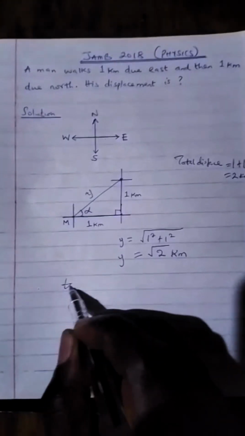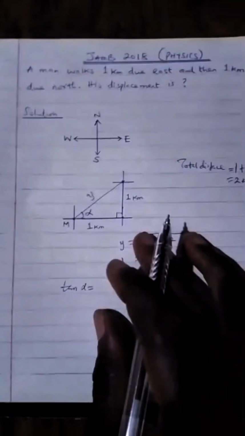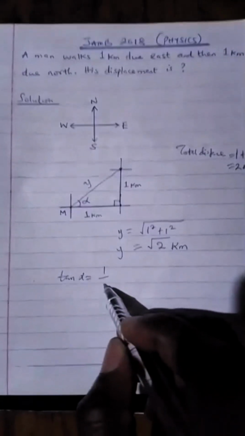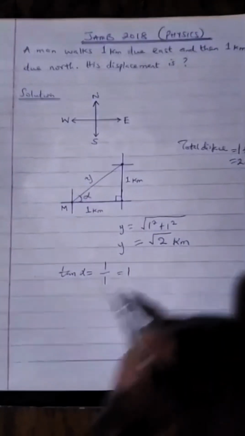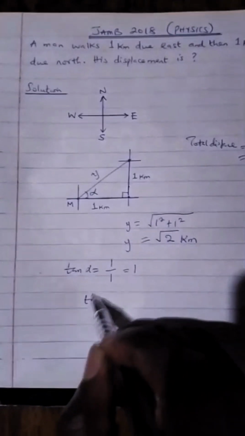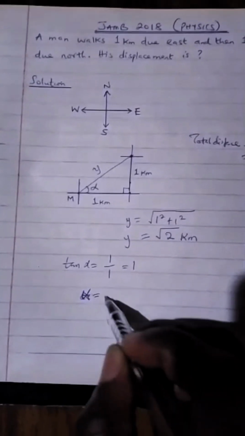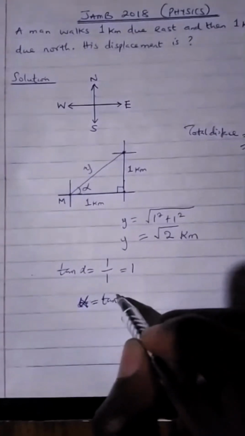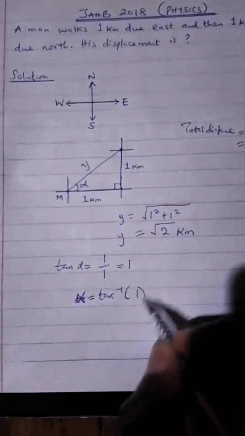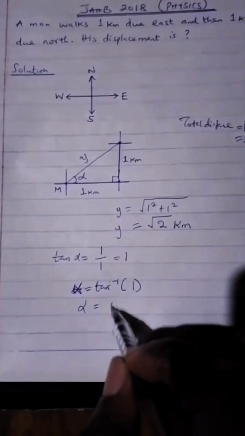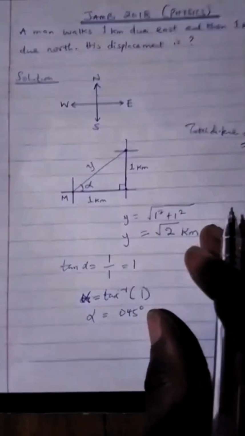Tangent of that angle is the best option because it provides the opposite over the adjacent. So tan alpha is 1. To get alpha, find the inverse tan of 1, which is 45 degrees.